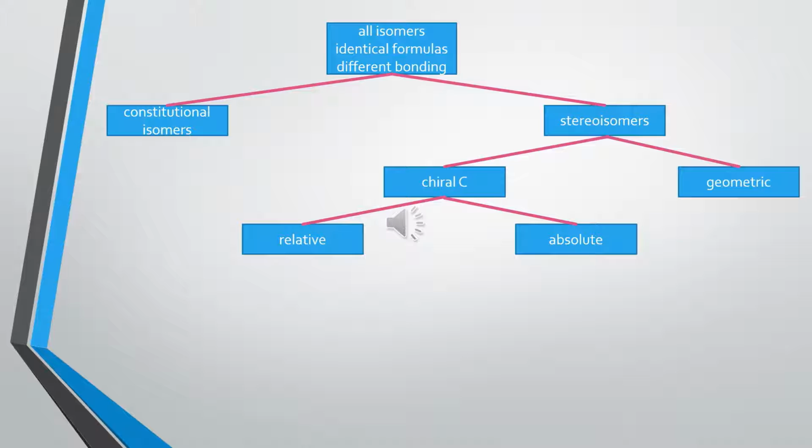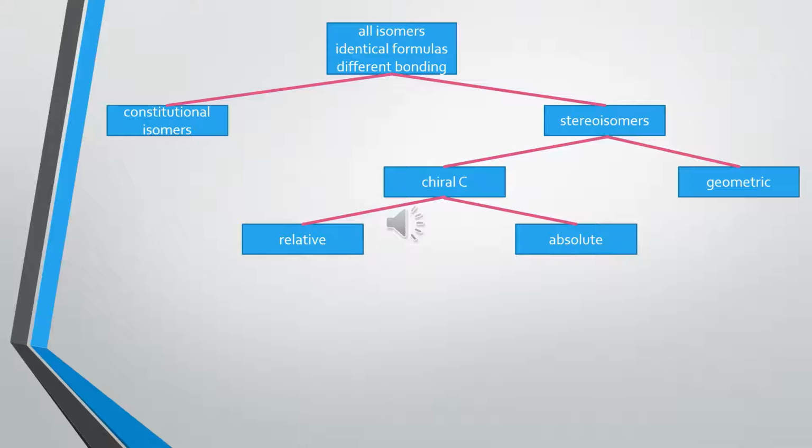Now, all isomers at the very top share what? Well, they share identical molecular formulas, identical chemical compositions, right? The exact same type and number of atoms and elements that make up that molecular substance. But they differ in how those atoms are connected and how they're bonded.